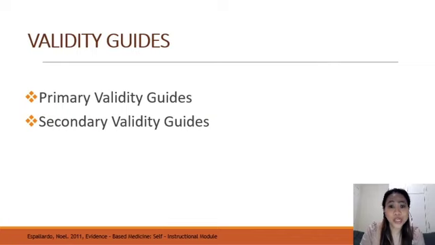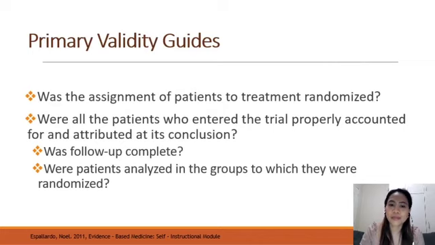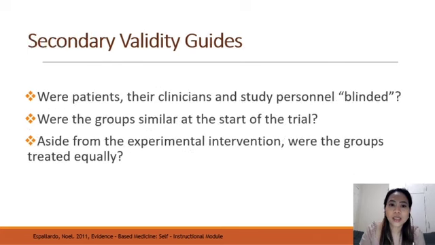There are two sets of questions, which are the primary and secondary validity guides. The following are the primary validity guides. Each question will be discussed separately. These are the secondary validity guides.